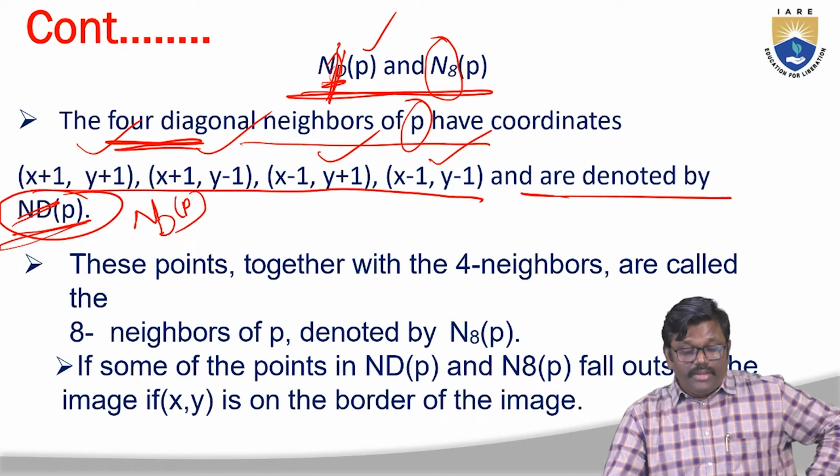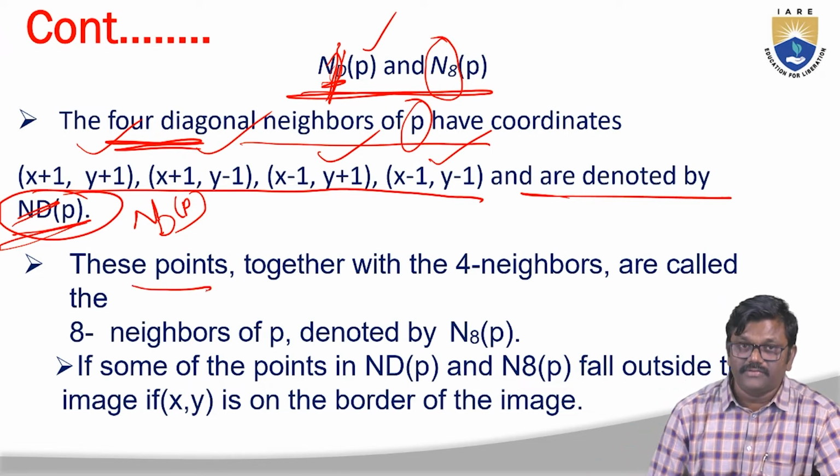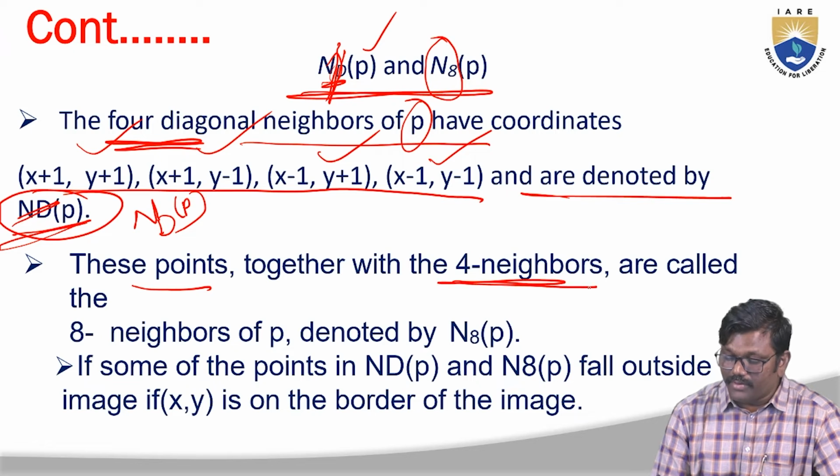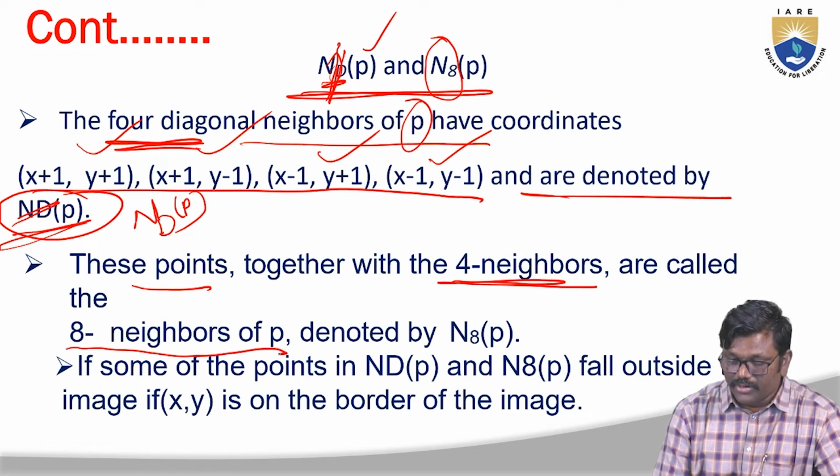So continuing with this N suffix D of P, these points together with the 4 neighbors are called the 8 neighbors of the pixel.